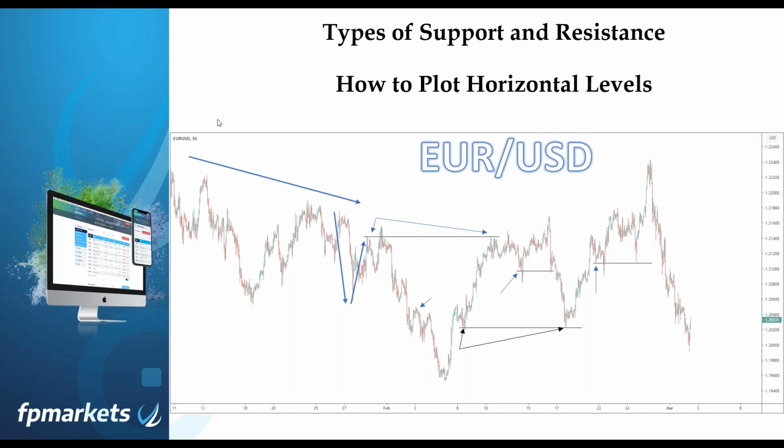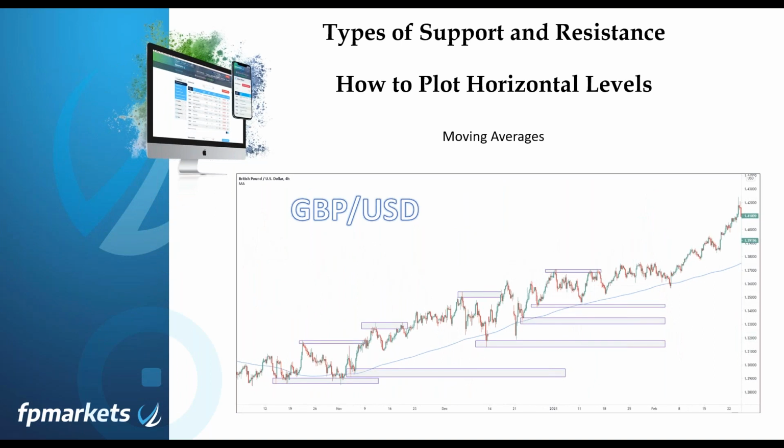So, okay, now we're gonna change things up slightly, as next on the scale are what traders call dynamic support and resistance, formed by moving averages. It's also worth noting that moving averages can help decipher trend direction, but this is for another webinar. I won't go into the calculation behind the moving averages, but just be aware that the most common forms are the simple moving average, or SMA, and the exponential moving average, or EMA.